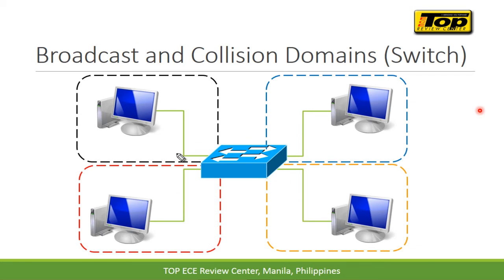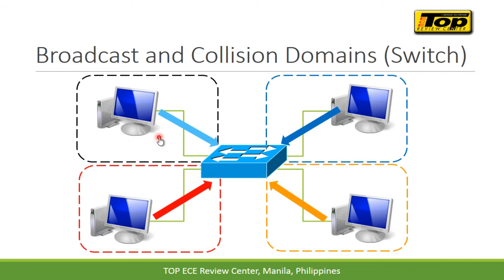Now, pagdating doon sa switch, since bawat isang device ay may kanya-kanyang collision domain, ano ang nagiging effect? Ang nagiging effect is they can transmit to each other without the possibility of collision. Hindi magkakaroon ng collision doon sa switch. Why is that? That is because every device is in one collision domain.